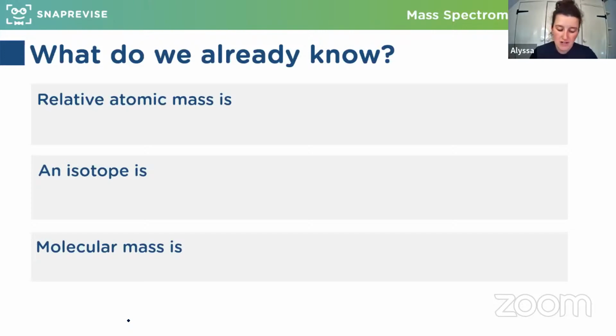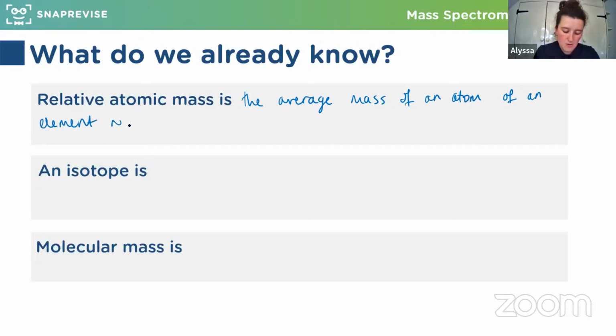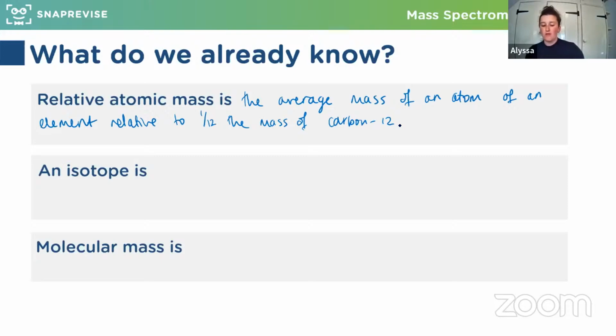So relative atomic mass is the average mass of an atom of an element relative to 1/12 the mass of carbon-12, specifically carbon-12, because hopefully we know that carbon can have multiple isotopes, including carbon-13. So it's specifically the carbon-12 atom.